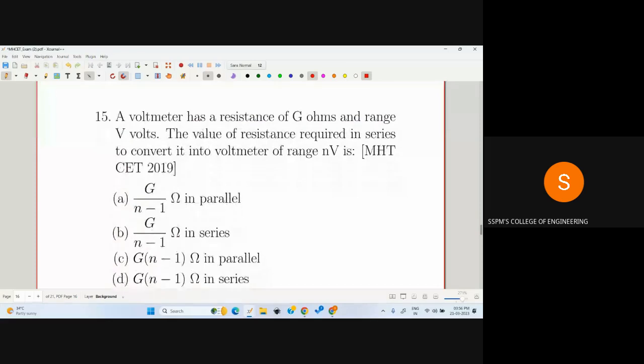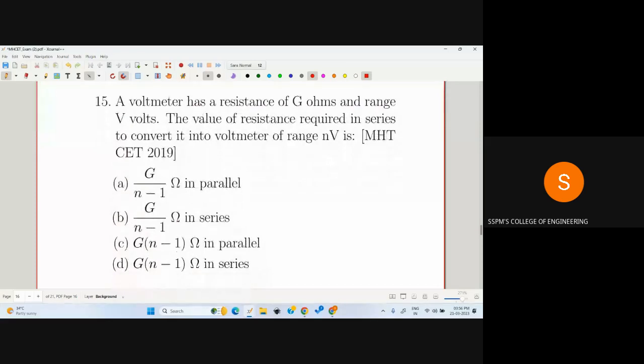Now we'll solve the last example. The last example is also based on the galvanometer. The voltmeter is given. The voltmeter has a resistance of G ohm and range V volt, and the value of resistance required in series to convert it into the voltmeter range NV is asked. See how a voltmeter is: there is a resistance, whose resistance G is given, and the current flowing through the voltmeter, let's consider Ig.